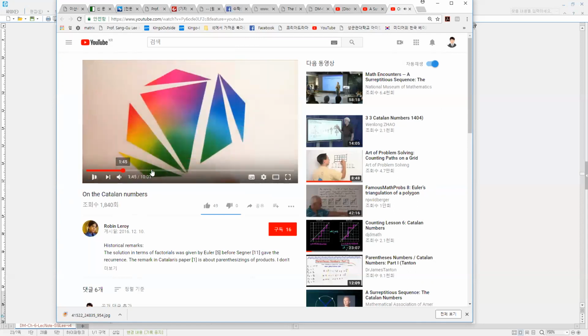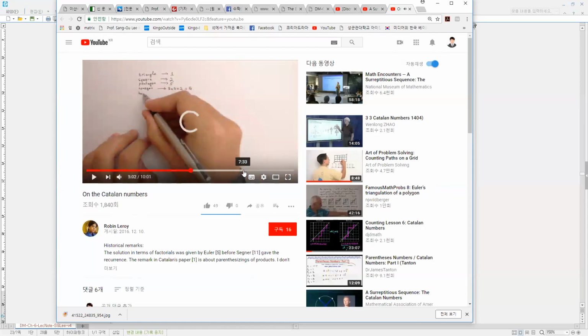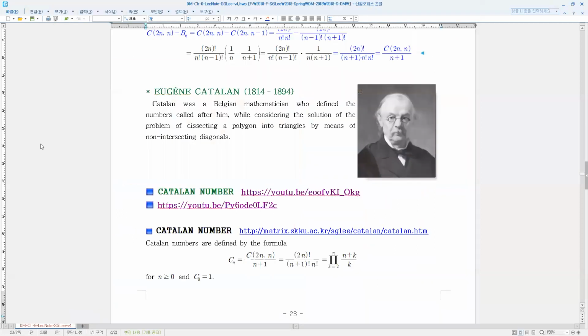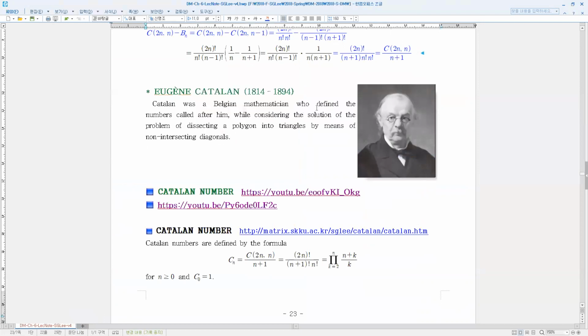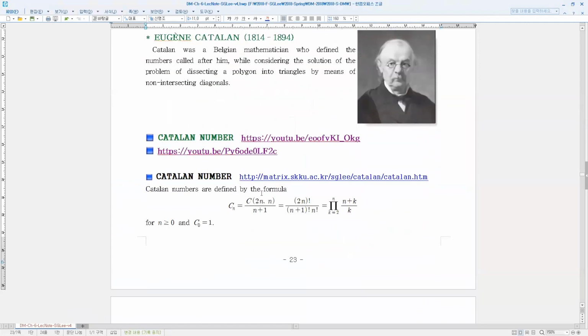When you cut the polygon, those are the possible numbers, so you can take a look to understand these Catalan numbers. This video shows the solution of the problem of dissecting a polygon into triangles by means of non-intersecting diagonals.